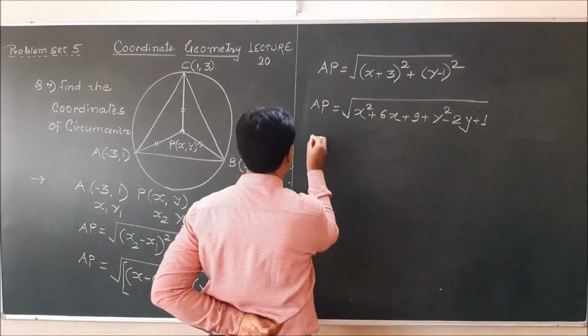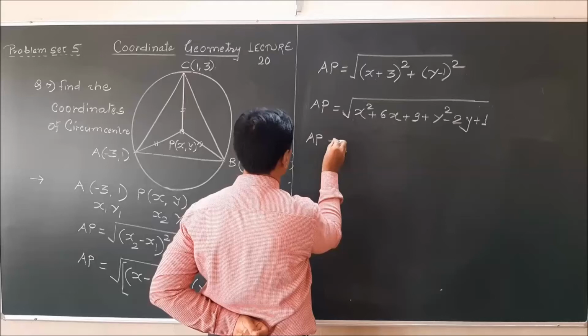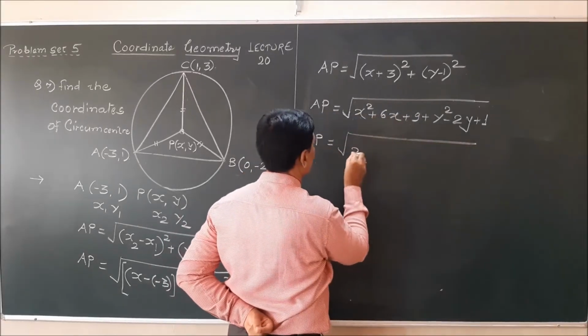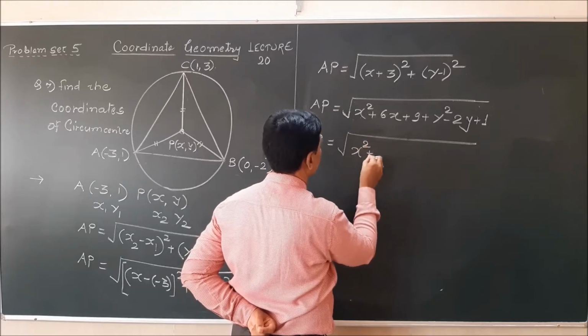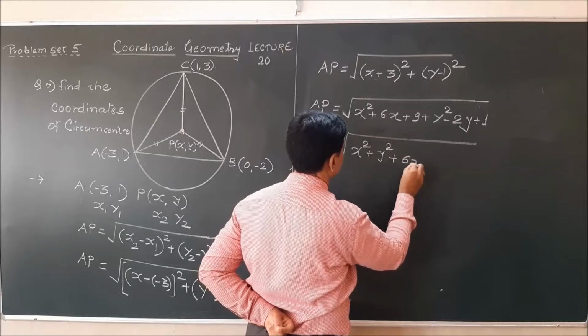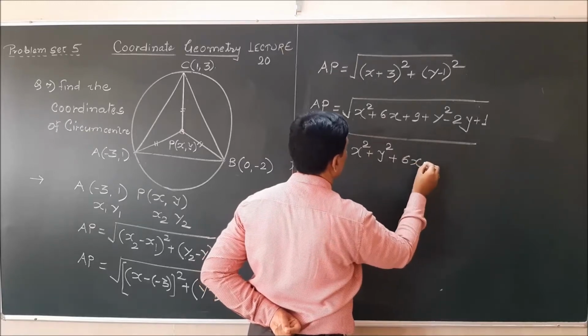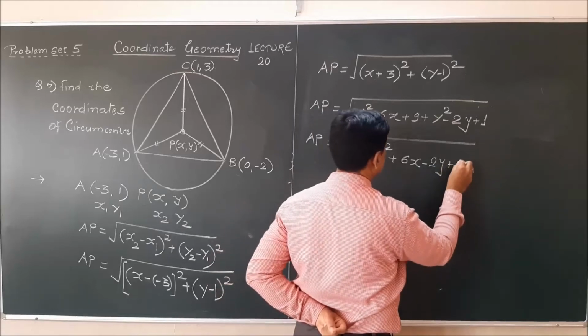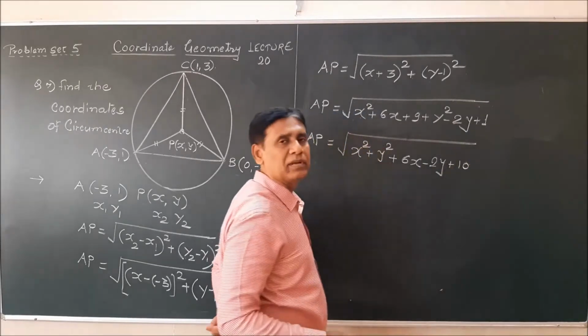Now AP is equal to the square root of x square plus y square plus 6x minus 2y plus 9 plus 1, which is 10.